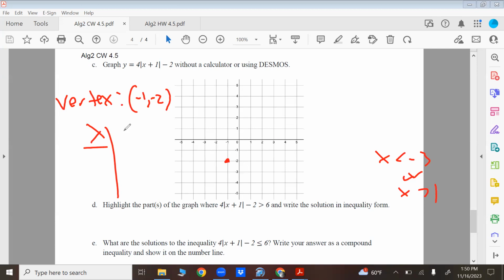Let's make a nice little table. Let's plug in values close to -1, like say 0 and -2. If I plug in 0 for x, what do you get? 2. If I plug in -2, what do I get?